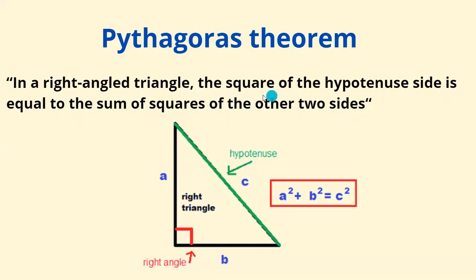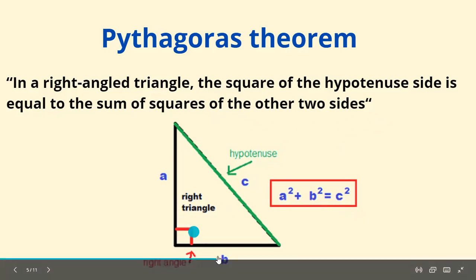So the square of the hypotenuse, that is C squared, is equal to the sum of squares of the other two sides, that is A squared plus B squared. Based on this, we are going to solve the problems.